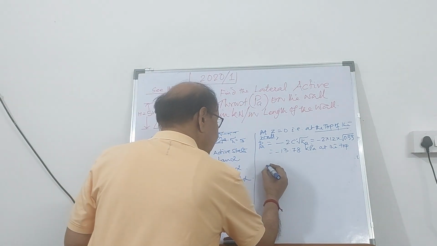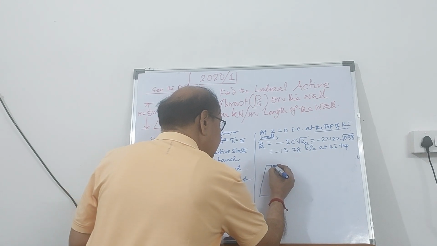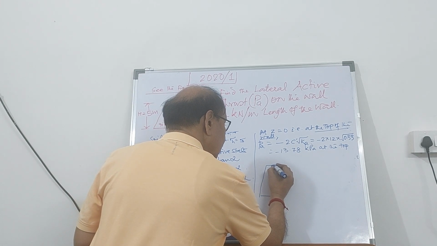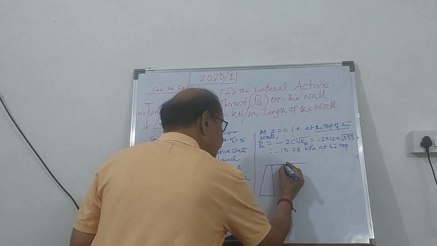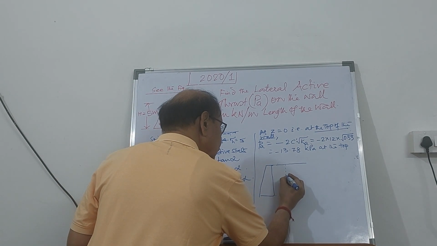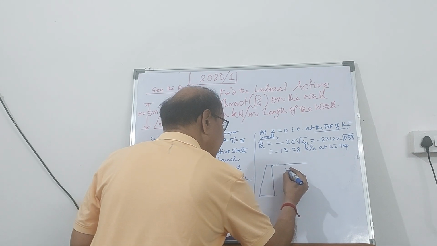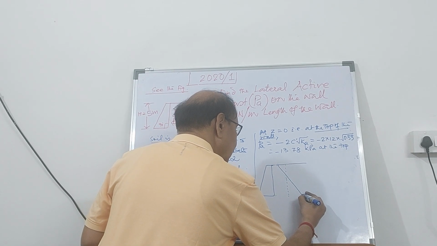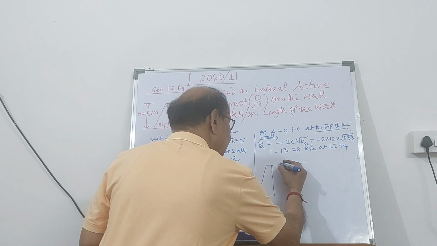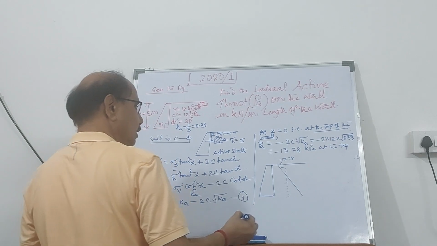So the pressure is, if I take a reference line, this is the reference line I'm going to take. So here it is going to be minus 13.78 kilopascal at the top.